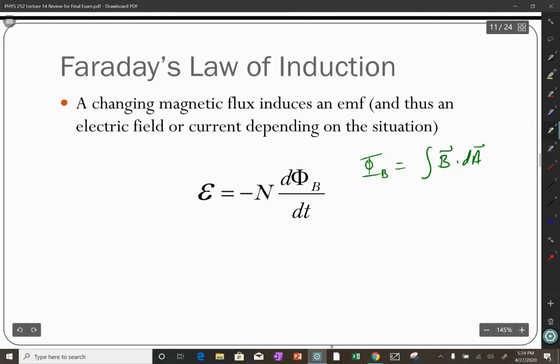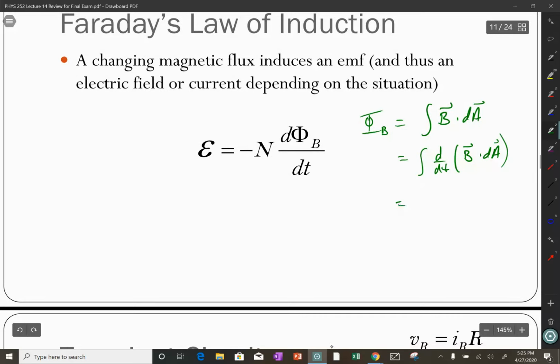And so you're taking the derivative of that with respect to time. Since it's an integral over space, I can move the derivative inside.